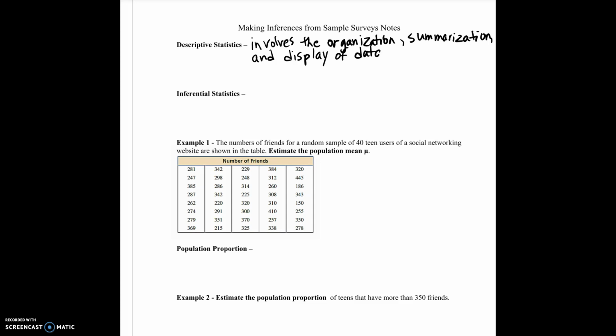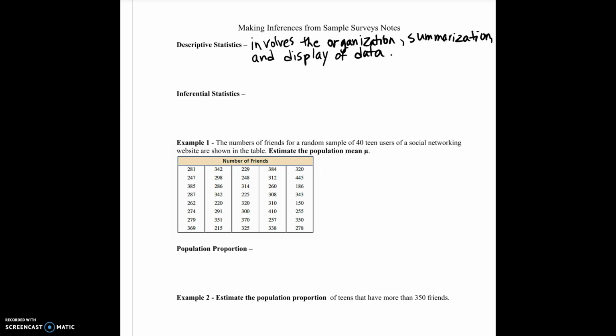So we can organize our information in chart format, summarize it, display it in those different types of situations. You could do charts, graphs, in different ways.